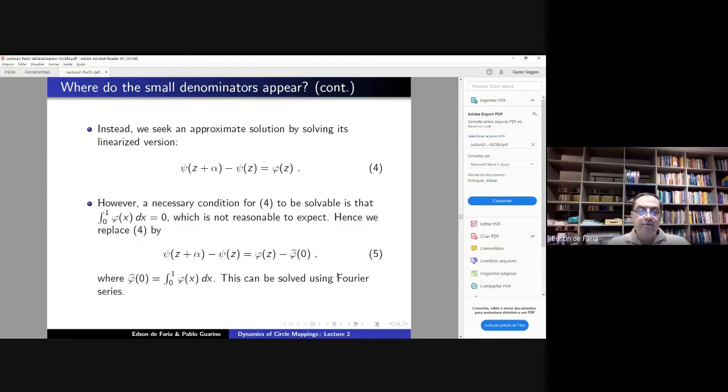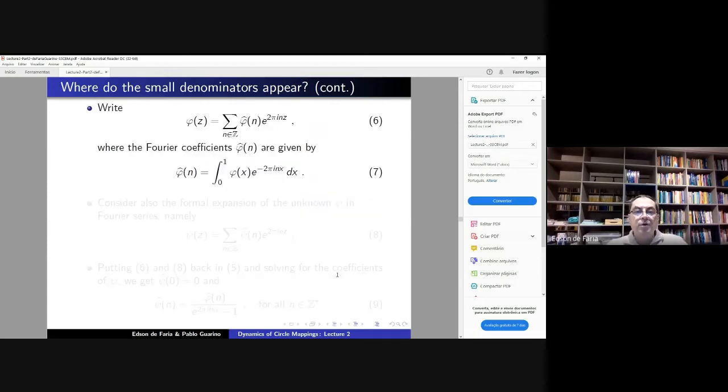And you can use a Fourier series to solve this problem. You expand phi in Fourier series, as you see in expression 6, where the coefficients are given by expression 7 that you see here, which are the usual expressions for Fourier coefficients. I remind you that these functions are periodic with period 1. You can also formally expand the unknown psi in Fourier series, and now you're searching for the coefficients.